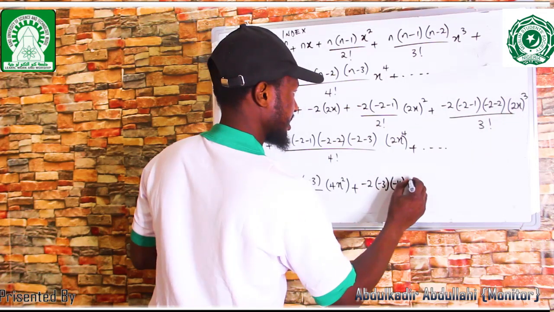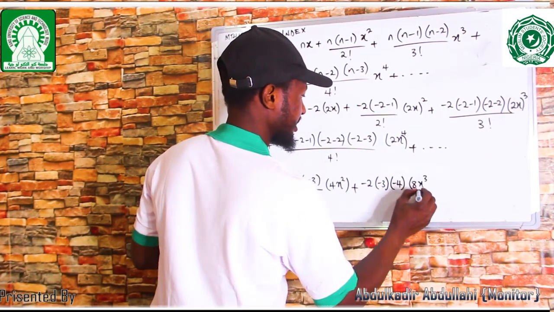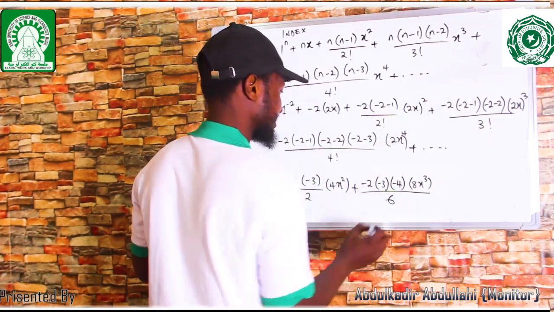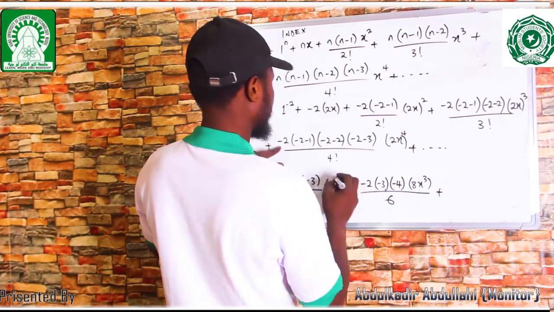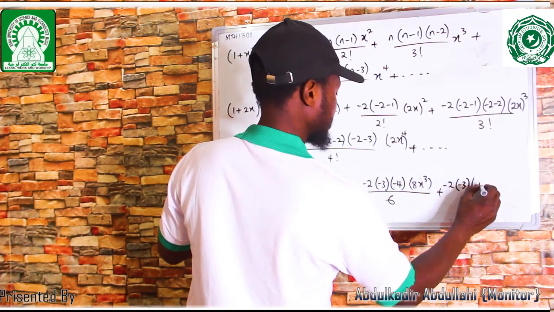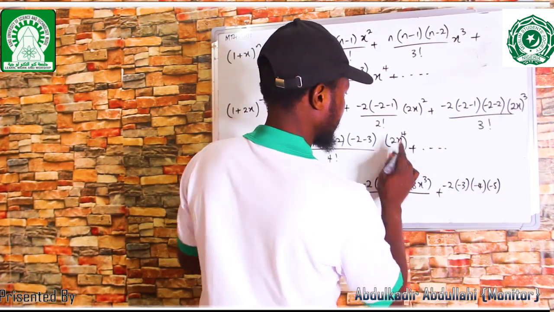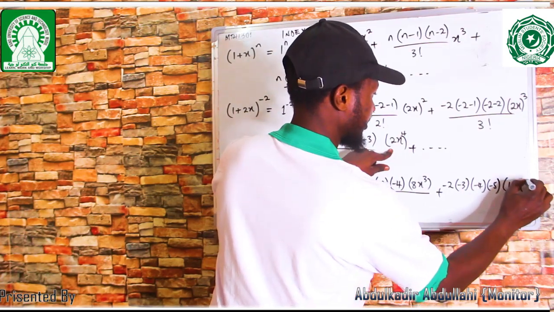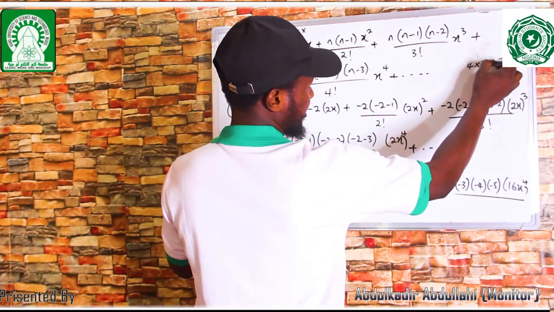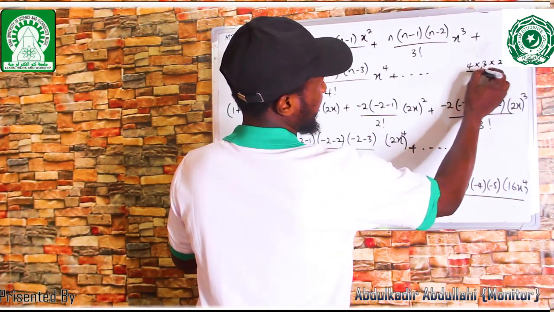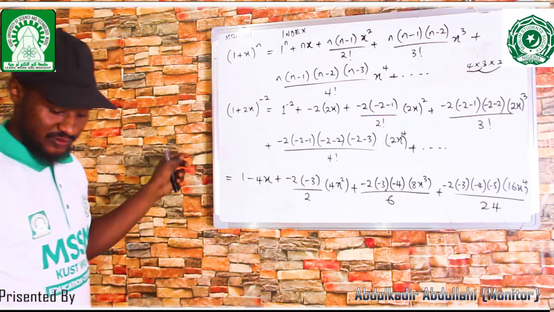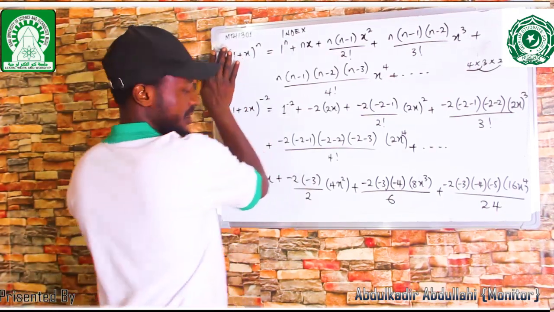Then this times this is 8x power 3 all over 3 factorial is 3 times 2 times 1, which is 6, plus the last one, which is minus 2, minus 3, minus 4, minus 5, then 16x power 4 divided by 4 factorial is 4 times 3 times 2 times 1, which is 24. So having this one, we just further simplify to get the final result.